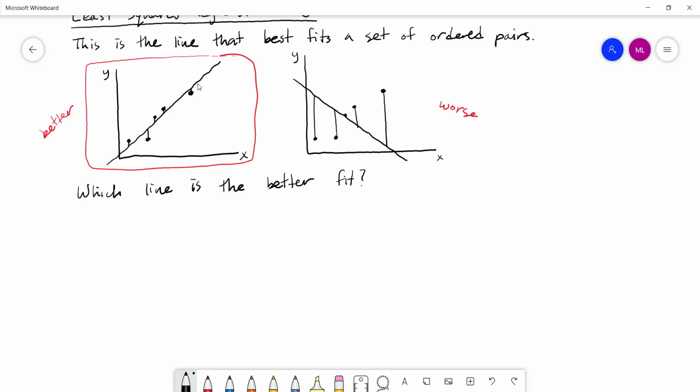So which line is the better fit? It's the first one. How do we know? The average distance between the point and the line is smaller.